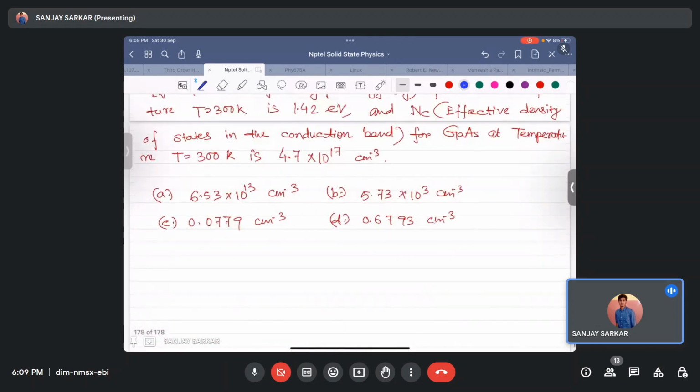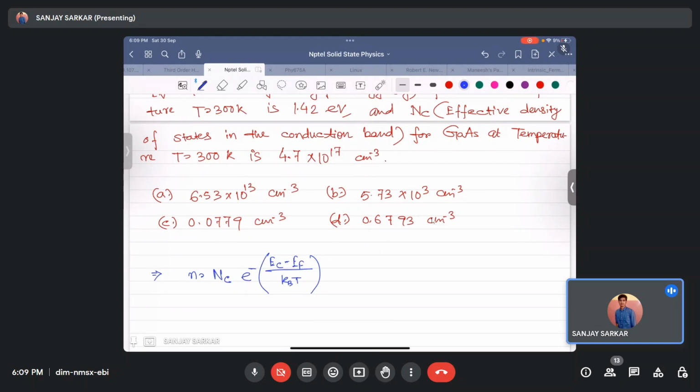Here also the formula is the same: n equals NC times exponential of minus EC minus EF divided by kBT. This is the formula for calculating the thermal equilibrium concentration.